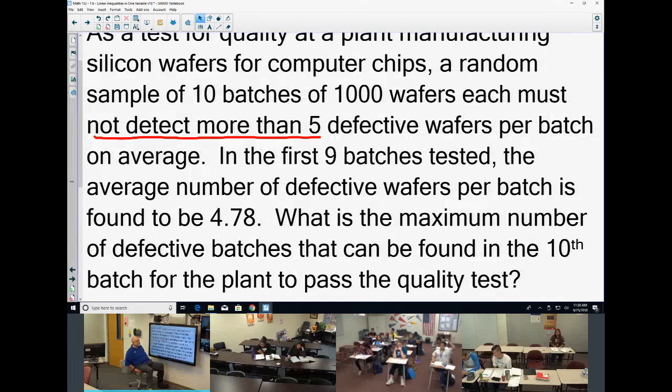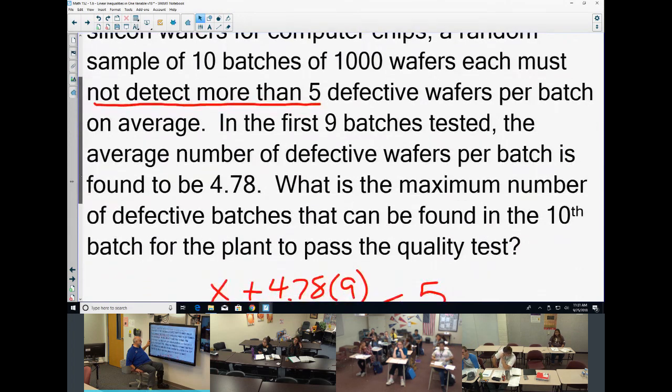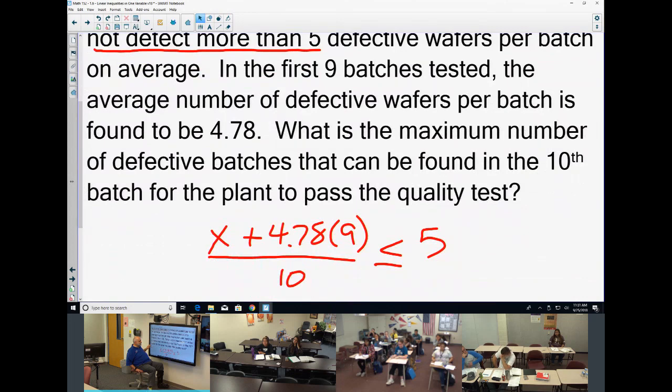Okay? So you're some kind of a quality inspector. So you're on the 10th batch. So we want to figure out how many of the defective wafers in the last batch you could have and still pass inspection. All right. So if you think of the average, it has to be less than or equal to 5.